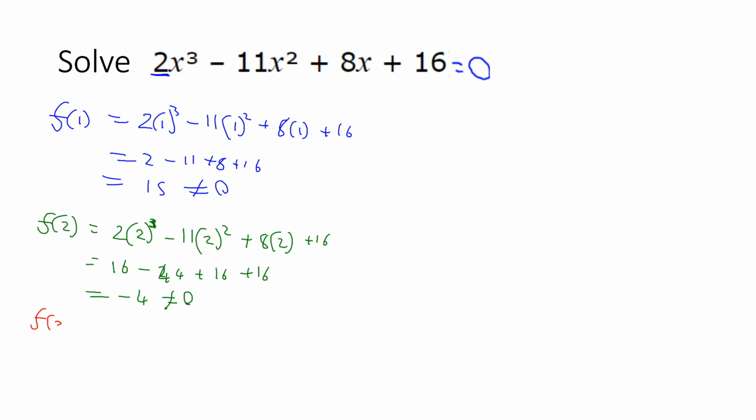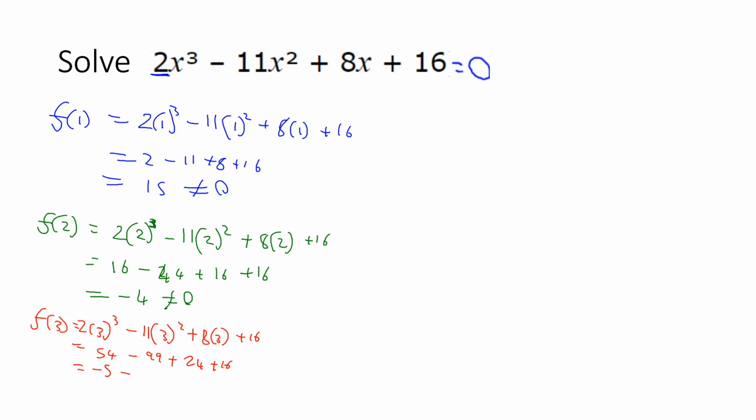F of 3 is going to be 2 times 3 cubed minus 11 times 3 squared plus 8 times 3 plus 16, which is 2 times 27 is 54 minus 99 plus 24 plus 16, and we're left with an answer of minus 5.